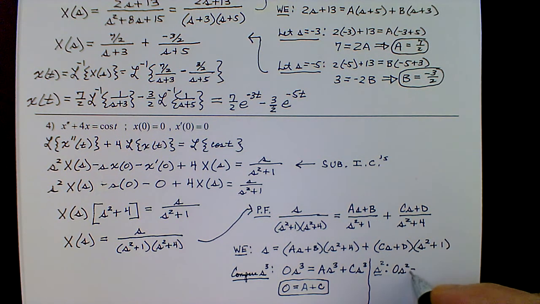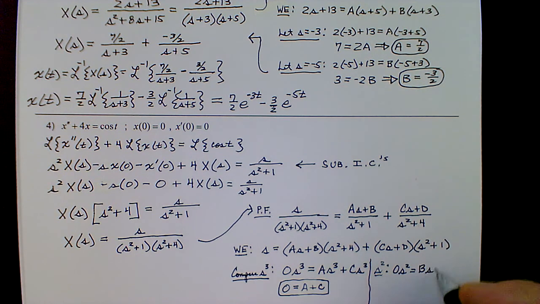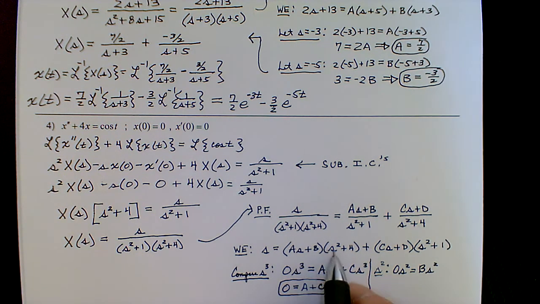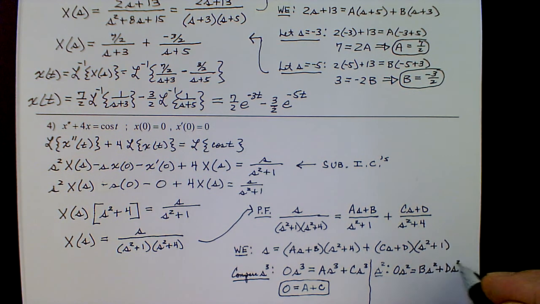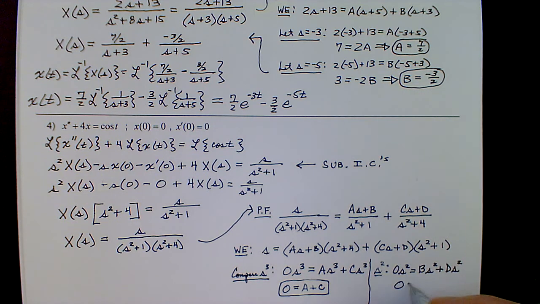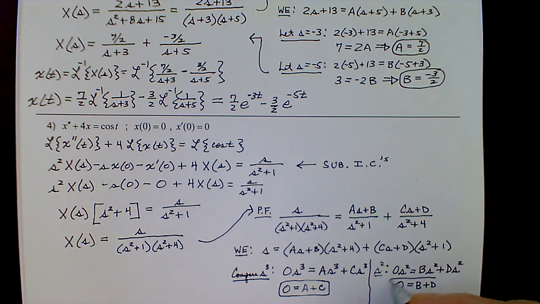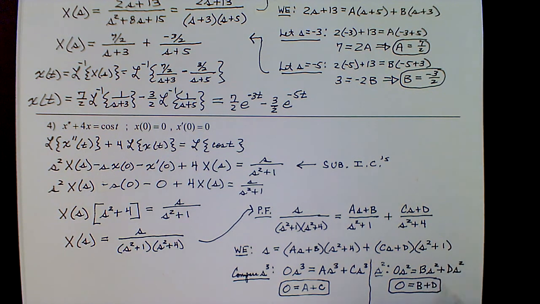On the right-hand side, if you imagine foiling this out, we get a bs squared. But that's it, because as times s squared is as cubed, and as times 4 is 4as. So that's all there, and then similarly plus a ds squared. C is not associated with an s squared. So we get 0 equals b plus d. So there's another equation, but two different unknowns.